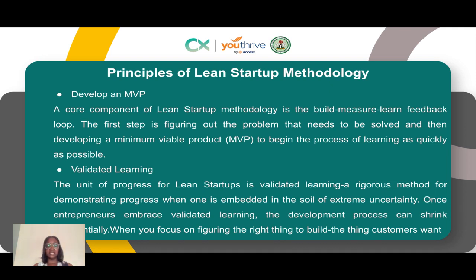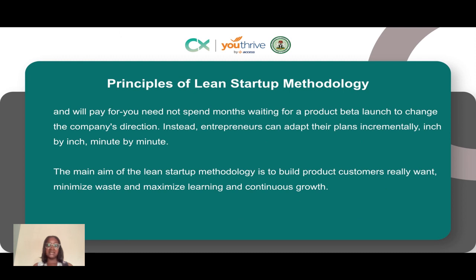There's also validated learning, which is a principle of lean startup. When you focus on figuring out the right thing to build, which is the thing that customers want, it's easier for software teams or lean agile teams to adapt their plans incrementally.